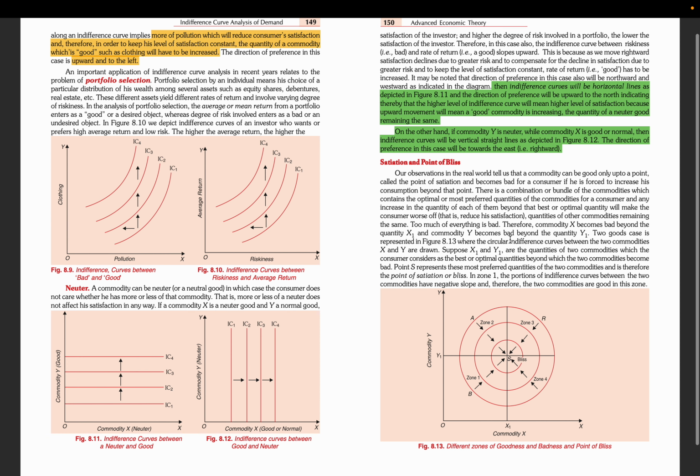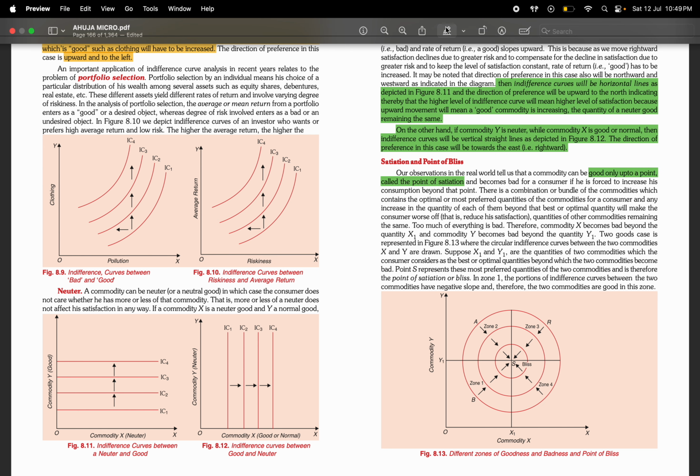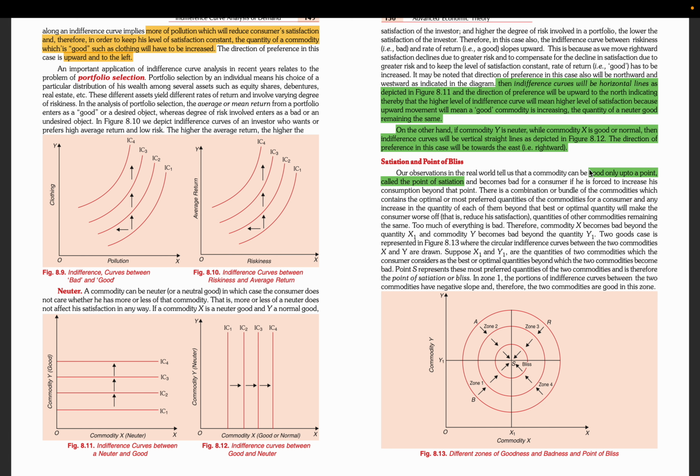Satiation and point of bliss. Our observation of the real world tells us a commodity can be a good only up to a point called the point of satiation. So basically, a good can be a good only till a given point. After that, you become satiated and it becomes a bad for the consumer if he's forced to increase his consumption beyond that satiation point.